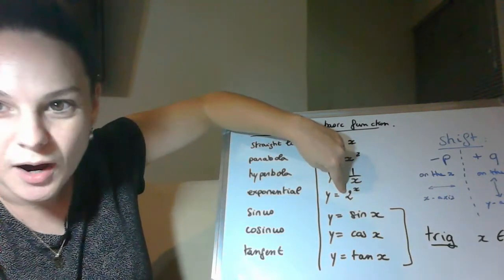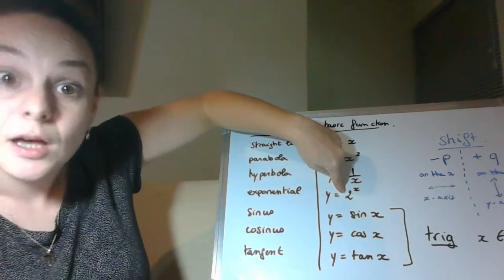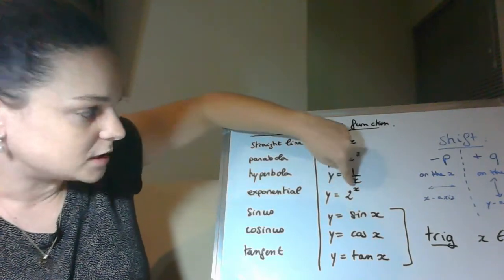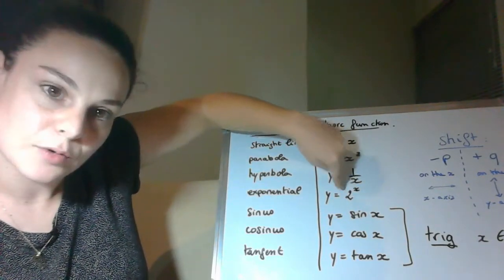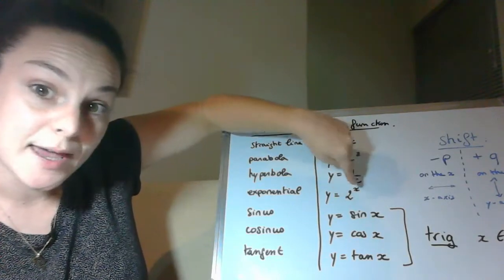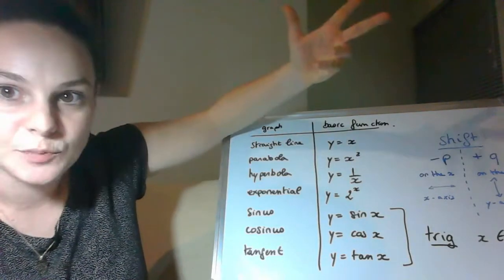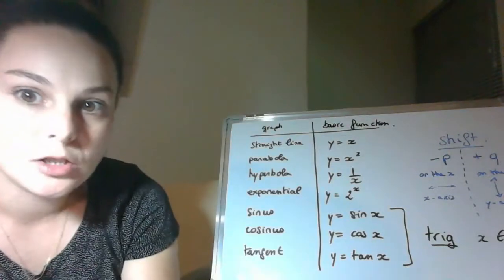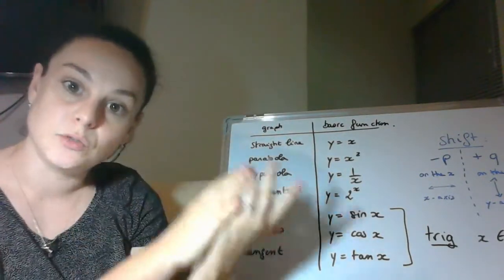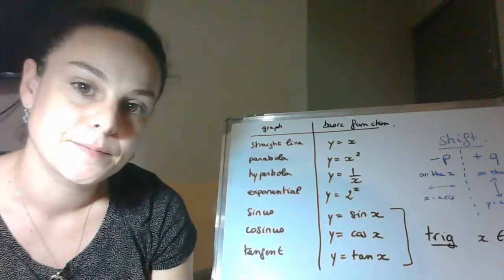So it can't work for our exponential graph. So the simplest one would be 2 exponent x. 3 exponent x, 4 exponent x, minus 6 exponent x, all those are exponential graphs. But the simplest one would be 2 to the power of x.